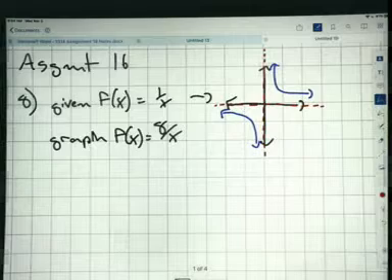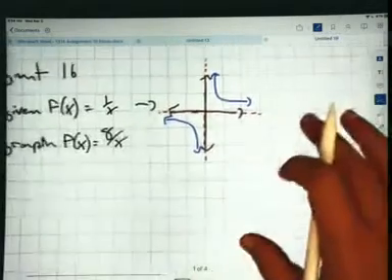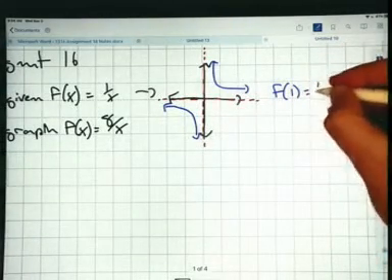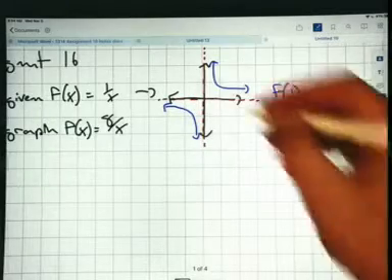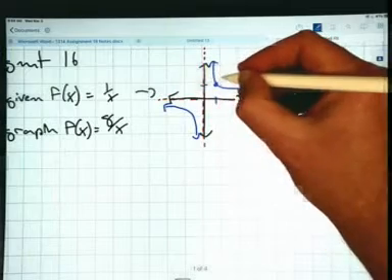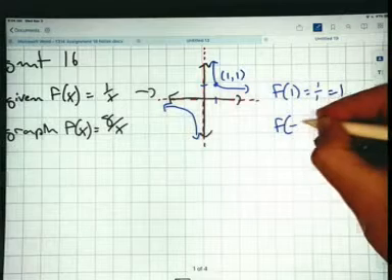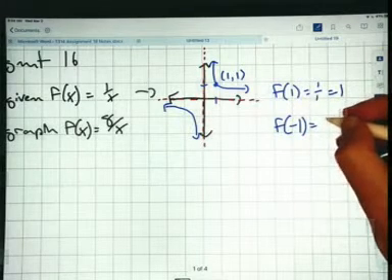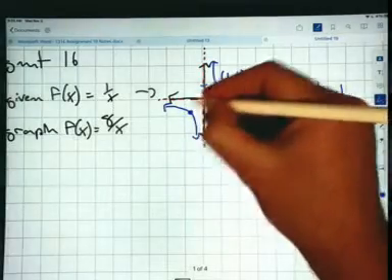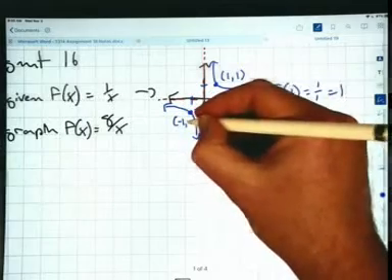and specifically speaking, if you do, let's say, f at 1, that's 1 over 1, which is equal to 1. So this point right here, if you plug in 1, your output is 1, you get 1, 1. And if you do f at negative 1, that's negative 1 over 1, which is a negative 1. So you get this point right here, which is negative 1, negative 1.